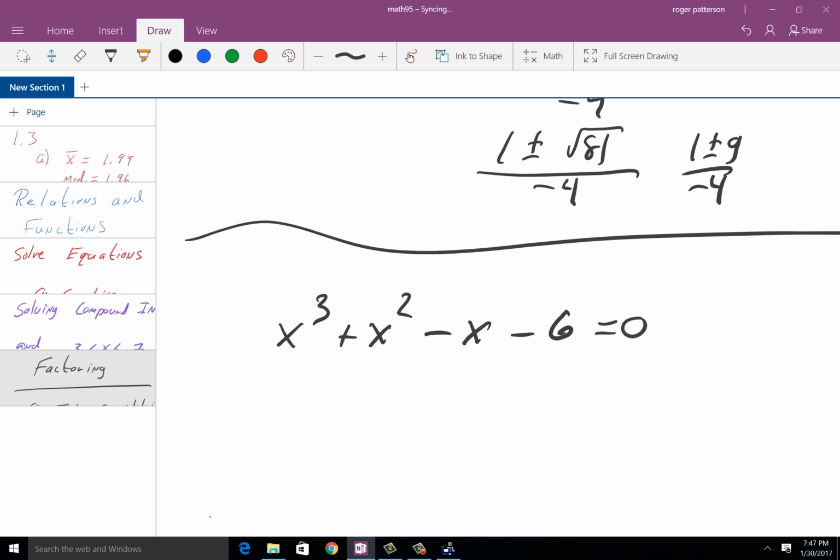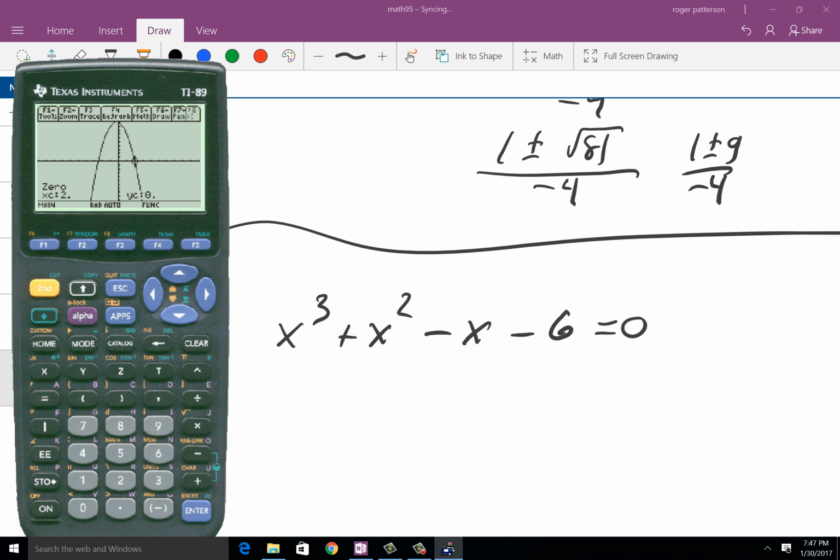Got to graph it. X to the third plus x squared minus x minus 6. Enter, diamond, graph.